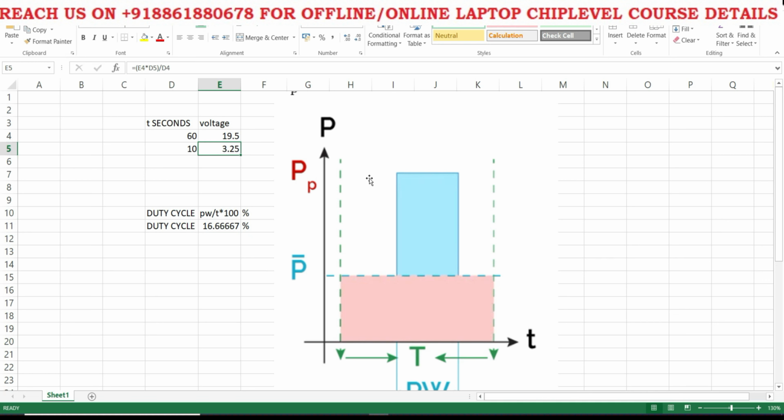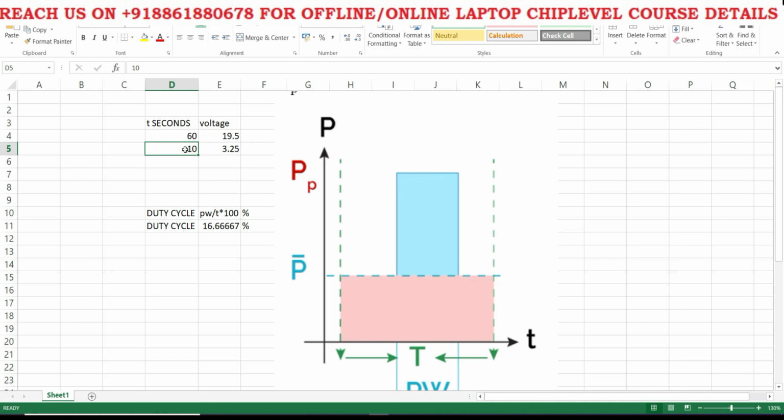Understood? See, the duty cycle is on. This is the duty cycle, this pulse width. The total duty cycle is 16.6% and the average voltage we will get is 3.25.